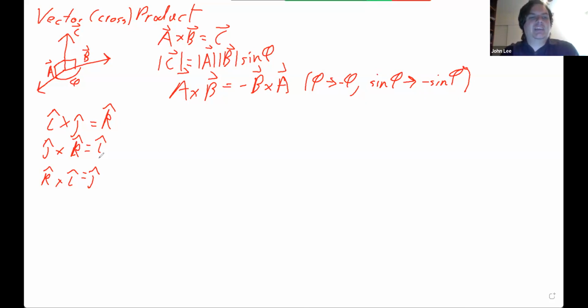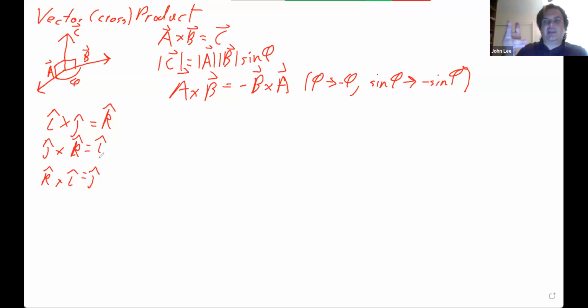But basically, you define it so that, using your right hand, your two forefingers are pointing in the direction of A. Your two lower fingers are pointing in the direction of B, then whatever direction your thumb is pointing in is going to be the direction that C is going to be pointing at.